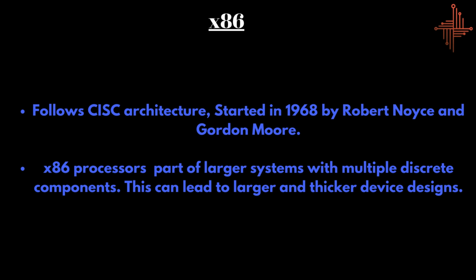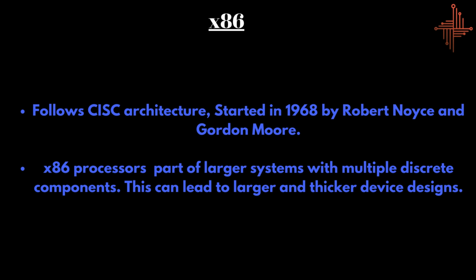It was started in 1968 by Robert Noyce and Gordon Moore, or Moore, I don't know the pronunciation. You remember the famous Moore's law? Yes, the same. So x86 processors are part of a larger system with multiple discrete components. This can lead to larger and thicker device designs. What does this mean? Let's see.